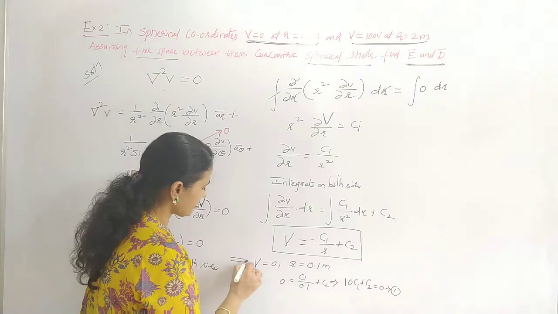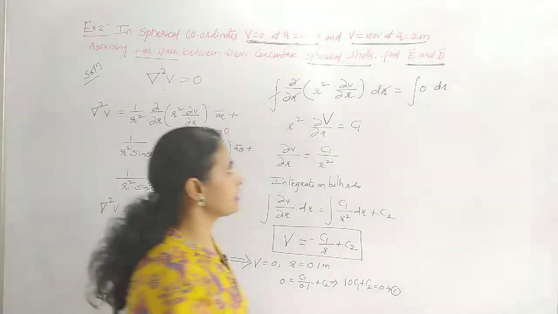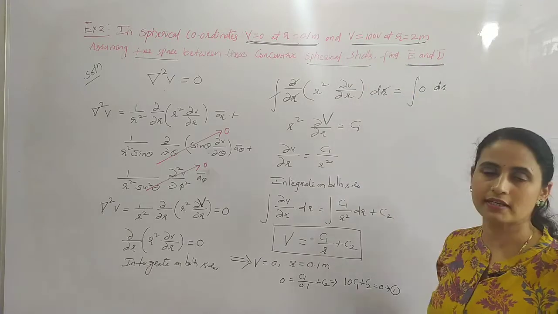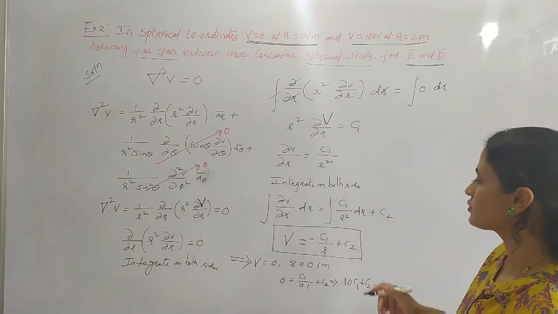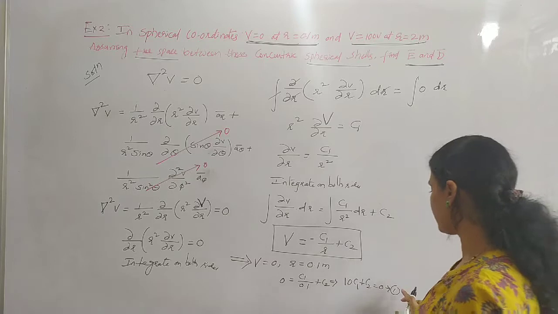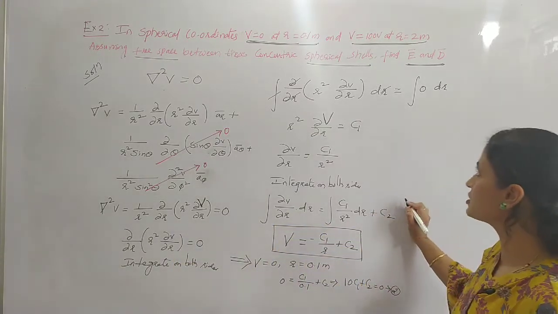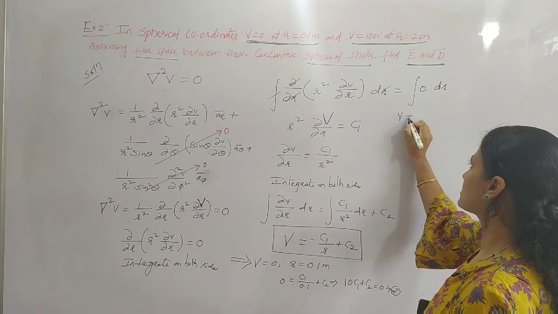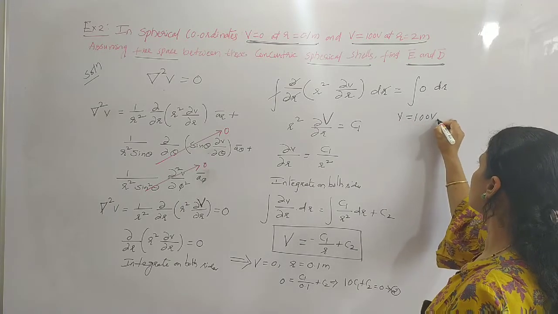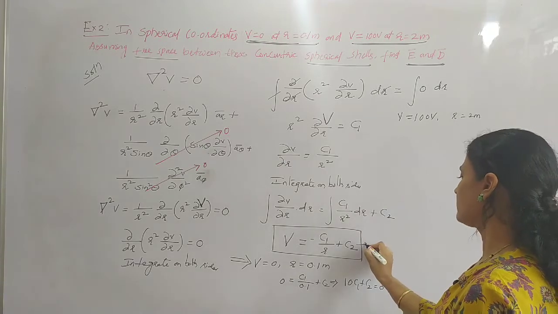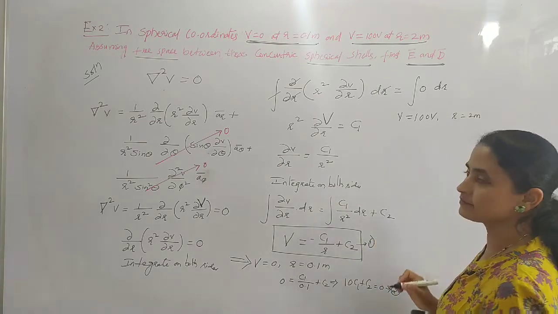Okay, let us substitute one more boundary condition, that is radius 2 meters when voltage is 100 volts. Let this be equation 2. Let us substitute the boundary conditions: V is equal to 100 volts at r is 2 meters in the equation.